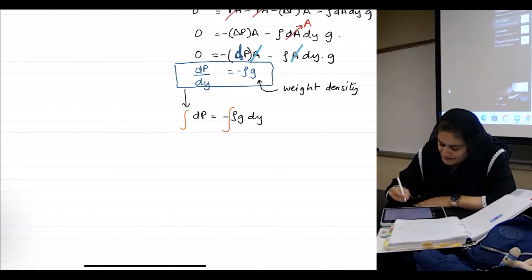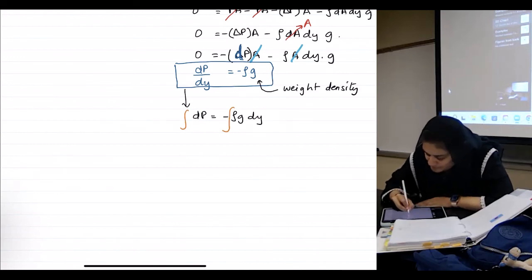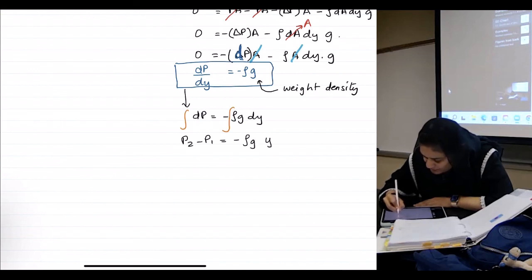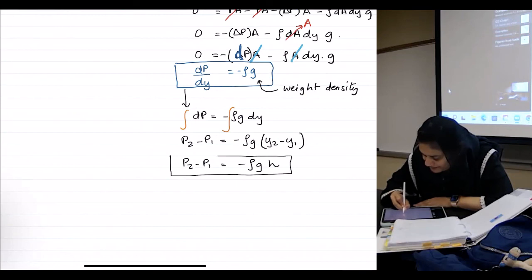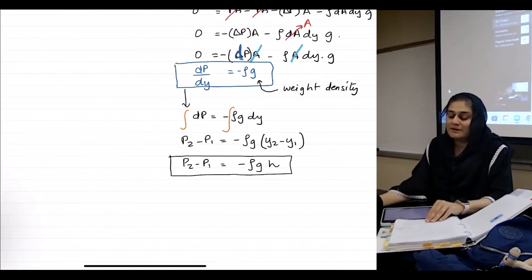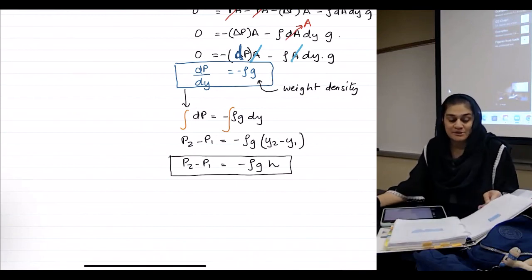Will I get P2 minus P1 equals minus rho g times Y2 minus Y1? Or P2 minus P1 equals minus rho g h? And that is an equation you will see over and over and over again in multiple situations.